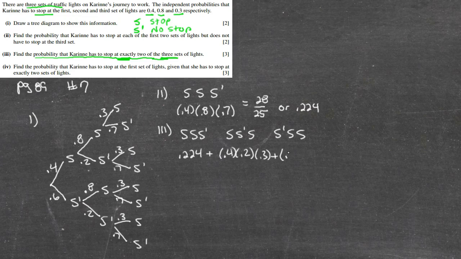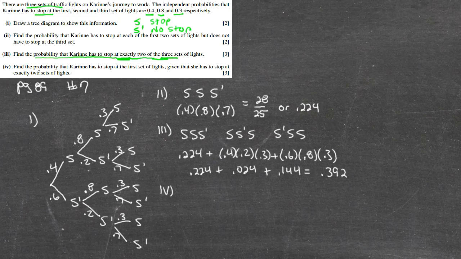And don't forget, we got to add these. All right, so these are the only 3 ways that it could happen where she stops twice. And so we just multiply the individuals and then add them together. And when we do that, we should get 0.392 or 49 over 125.